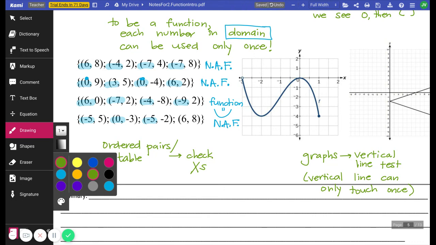If you pass the vertical line test, you get to be a function. If you pass your driver's test, you get to be a function. Here's how we do it. Vertical line test means we put vertical lines on our graph. As long as those vertical lines only touch one spot of the graph at a time, then we get to pass. So this one is a yes. That's totally a function. Let's come over to our other option.